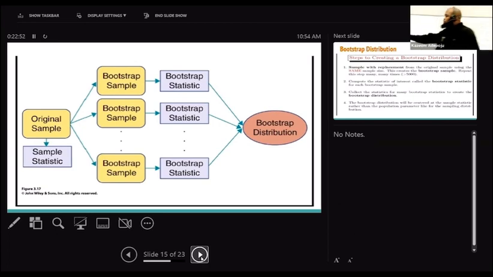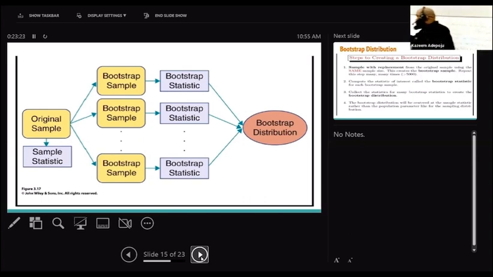On each sample that we generate from the original sample, we call it a bootstrap sample. From one original sample, we can produce several of those samples. On each bootstrap sample, we're going to have a bootstrap statistic, which may be X bar or P cap, depending on what you are working on.